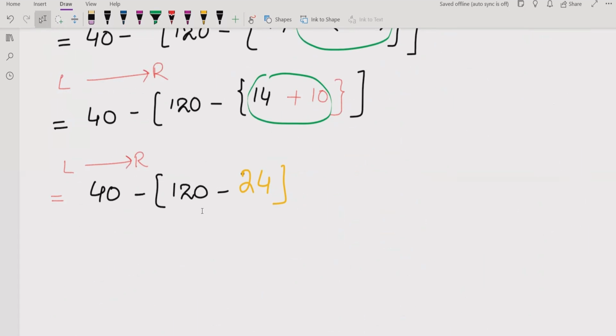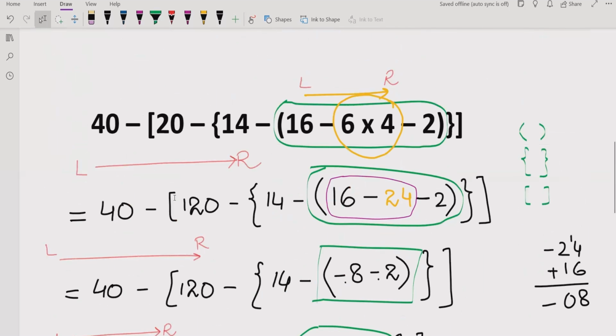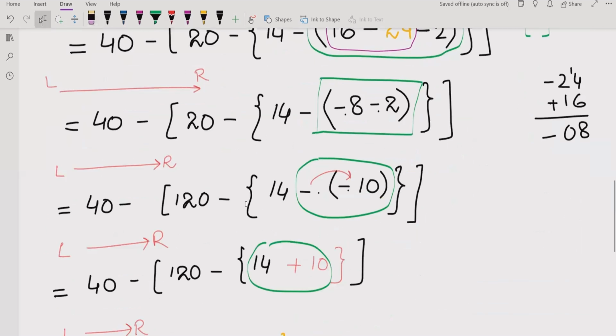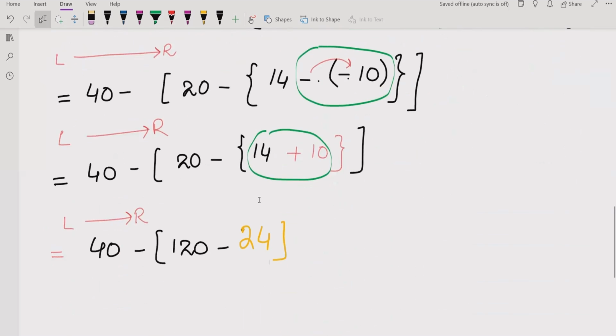Now we see that we made a little typing mistake. We have 20 here in the expression and we wrote 120. I'm sorry.